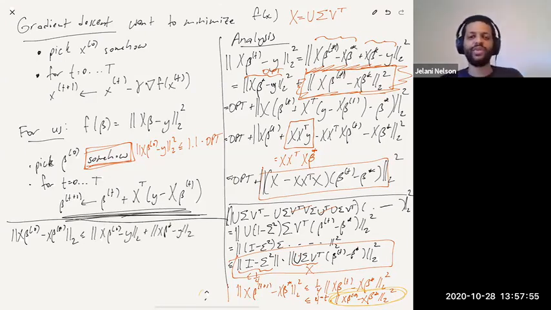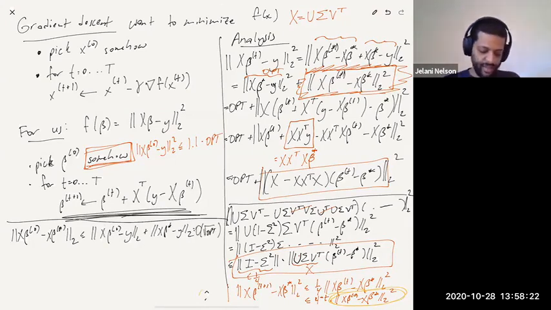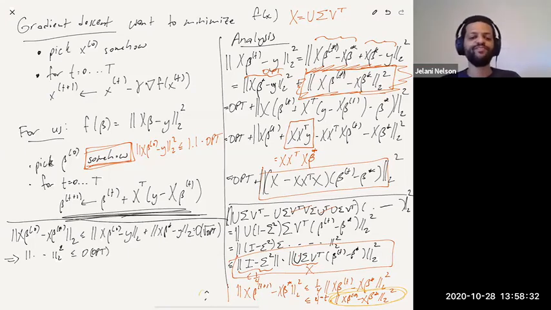So I've just added and subtracted y, and then I did the triangle inequality. And this is at most 1.1 opt plus opt. So in other words, this is at most 2.1 opt. Well, I defined opt to be the square, so this is O of root opt. Which means that if you square it, that's almost O of opt. It's almost 2.1 opt.